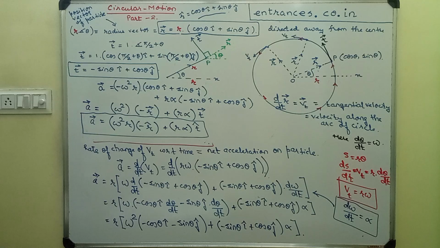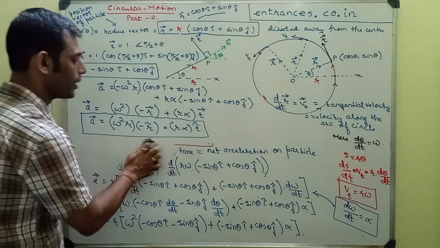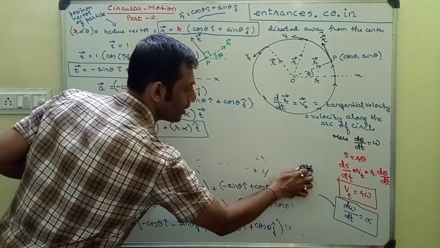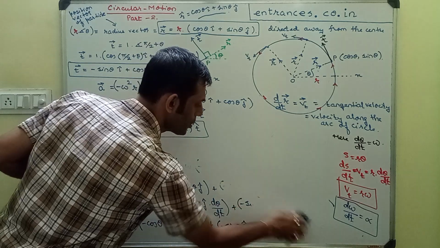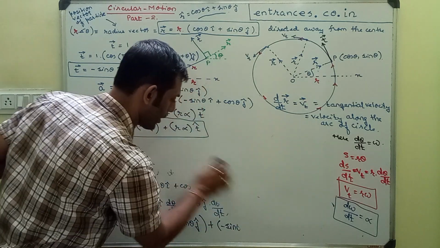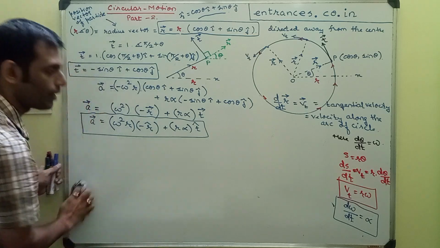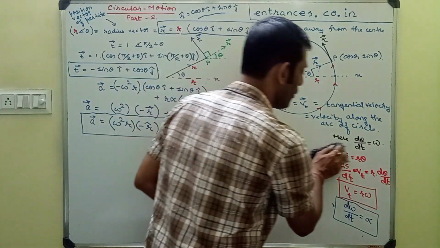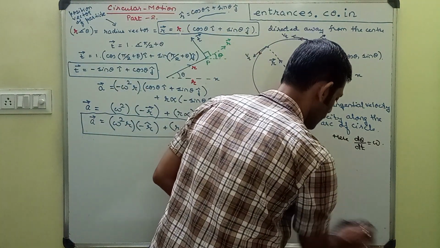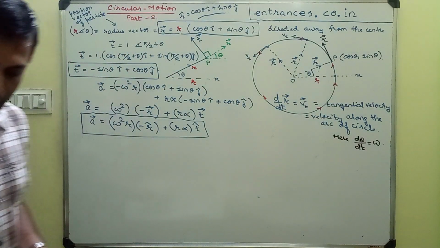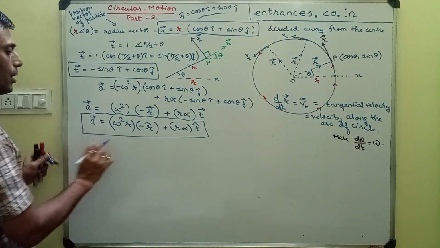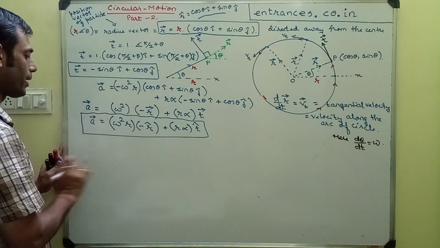The reading of this calculation is simply going to be bidirectional. You can say mutually perpendicular in direction, and has two significant components. We will define minus omega square r into r cap.